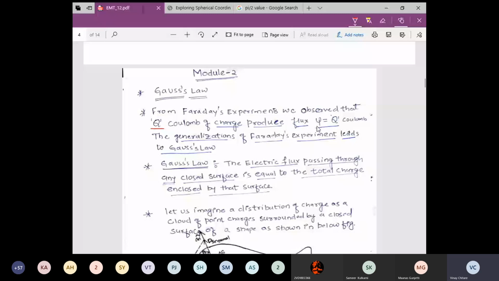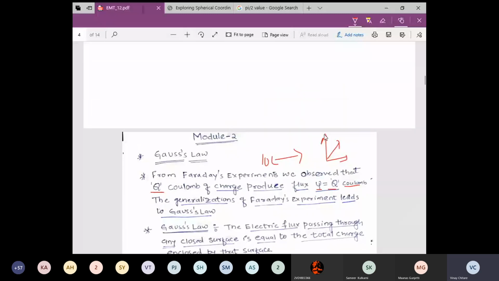The unit of the flux is coulomb. So if you have 10 coulomb of charge, it produces 10 coulombs of flux lines. One flux line for each coulomb.